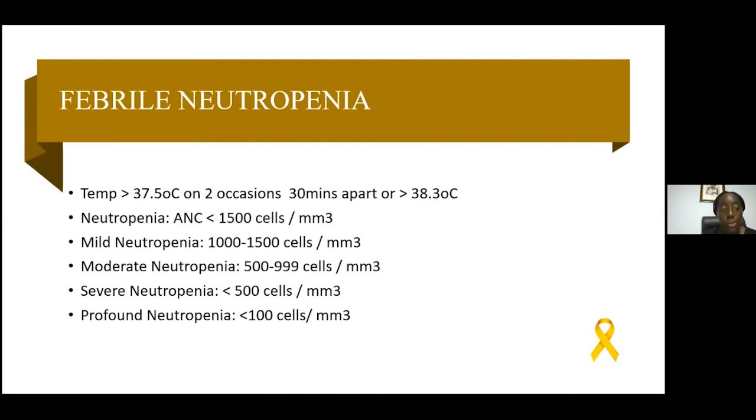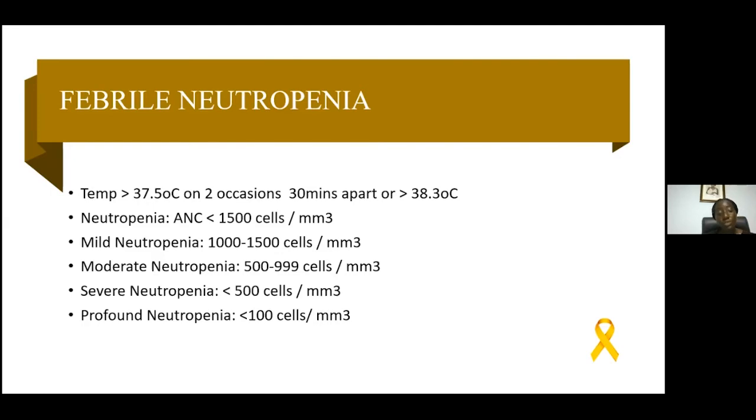Another oncological emergency we may have a patient presenting with is febrile neutropenia. And this can be as a result of the underlying malignancy. We said that in most of these blood cancers, or leukemia, there's suppressed bone marrow. So there's reduced neutrophil counts, reduced platelets, and reduced HB.